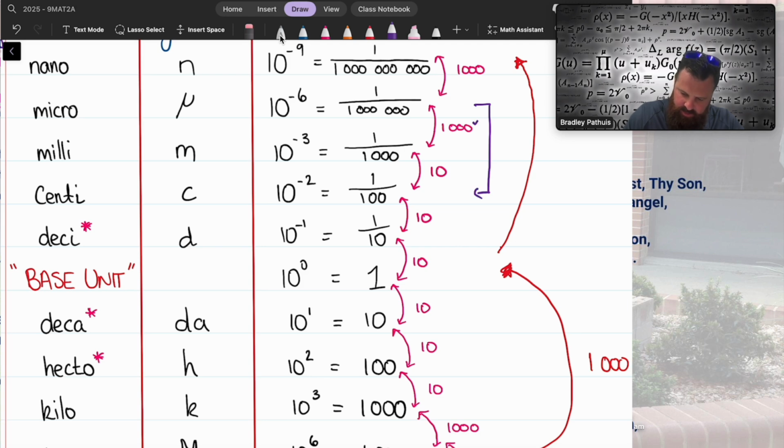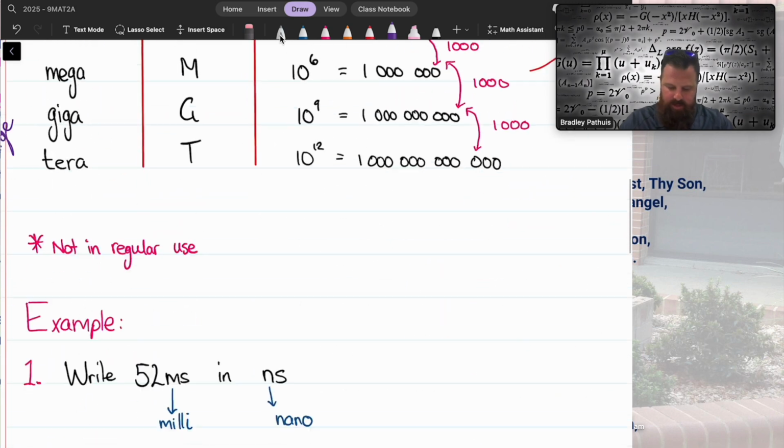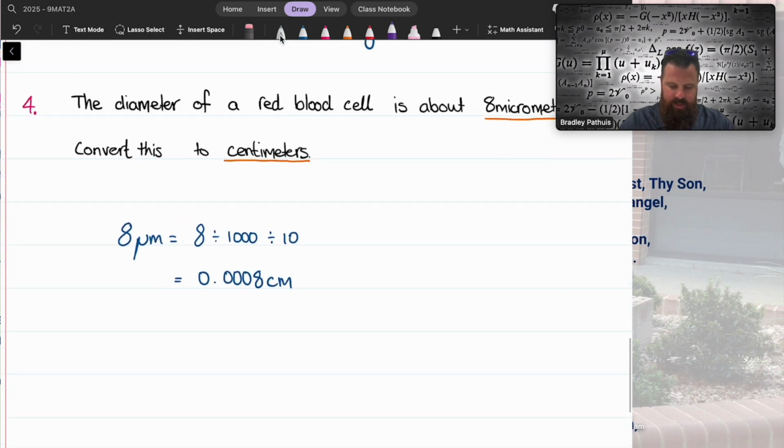You can see there's 1,000, and then there's a 10. Because I'm going small to big, I'm going to divide by 1,000, then divide by 10. So writing that down, 8 micrometers is equal to 8 divided by 1,000, 1 step, divided by 10, second step, which makes 8 micrometers become 0.0008 centimeters.